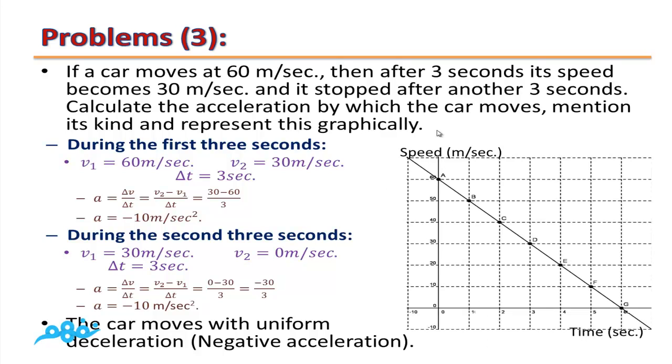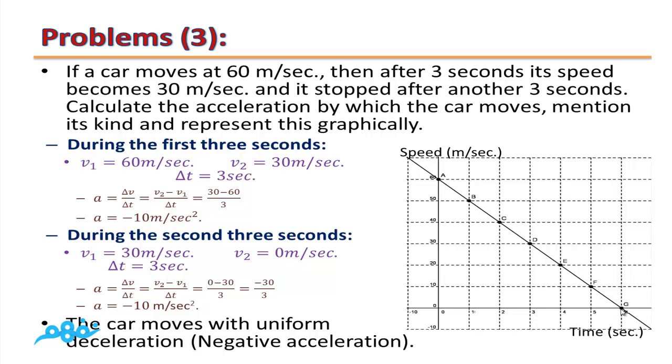If we draw the y-axis and x-axis and we put speed in meters per second over the y-axis, time in seconds over the x-axis, we will see that at the beginning of the time, which means that at time equals 0, the speed was 60. After 3 seconds, the speed decreased to 30.